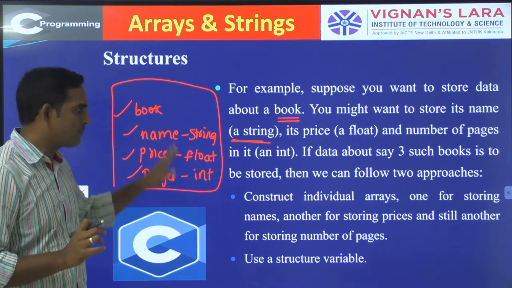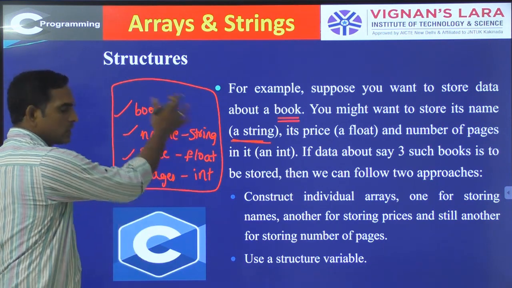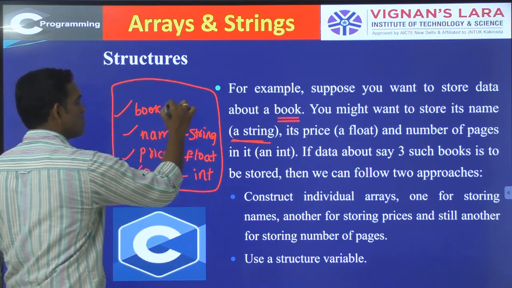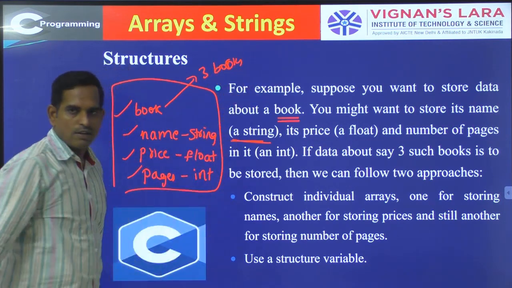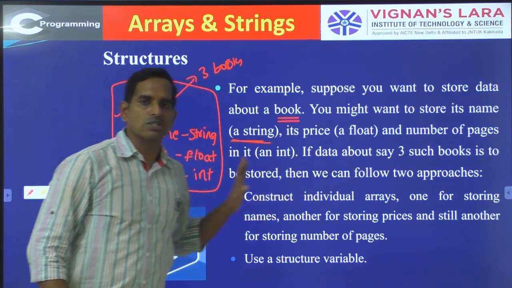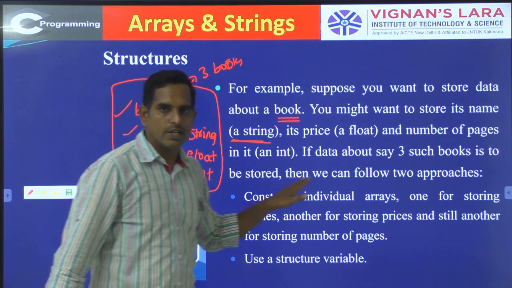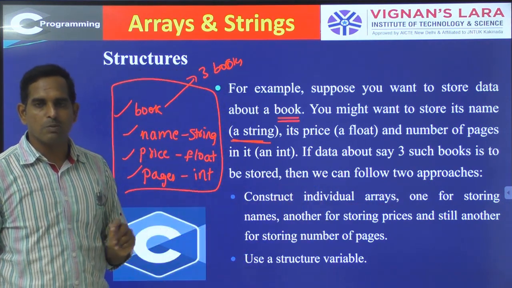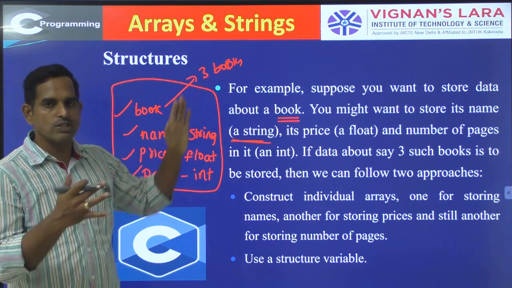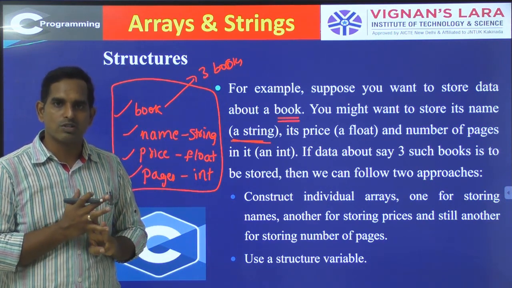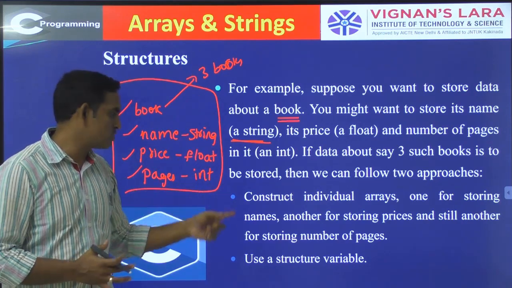In order to work upon this type of thing, suppose this is one book, and I want to store similar 3 books. If data about 3 such books is to be stored, then we have to use the following 2 approaches. You have a single book, and in a similar way you want to store the information about 3 different books. At that time, you can implement this scenario in 2 ways.